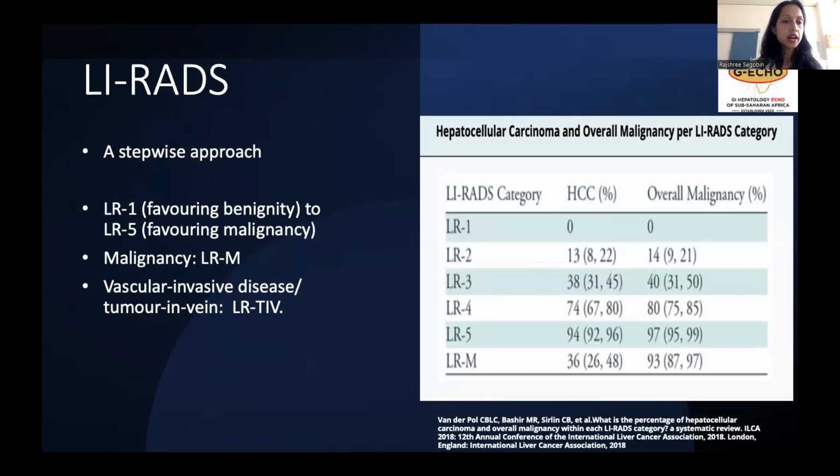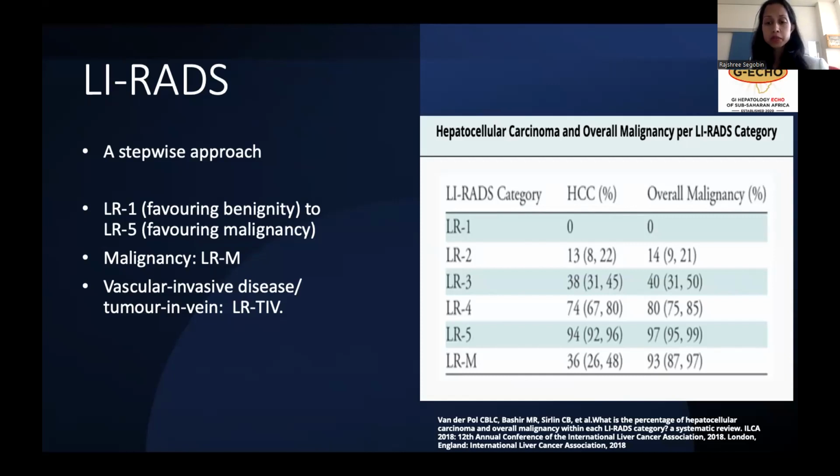So LIRADS provides a stepwise approach in providing different categories, the lowest category favoring benign disease, LR1, and LR5 favors malignancy, specifically for HCC. We've got another criteria called LRM, which is more geared towards malignancy, includes HCC, but is not specific for HCC. And when there is vascular invasive disease or tumor in vein, it's called LRTIV.